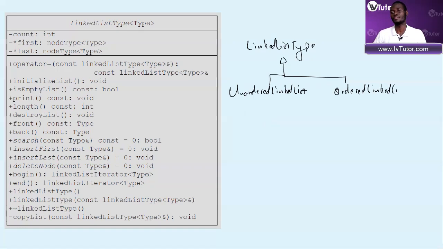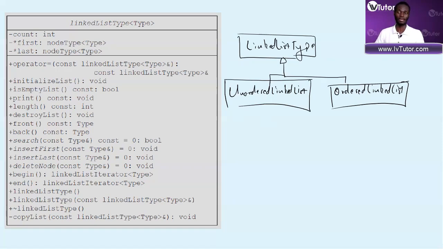What this means is that the questions you answer may use any one of these three classes. They can use the linked list type class, the unordered linked list class, or the ordered linked list class, depending on the question.